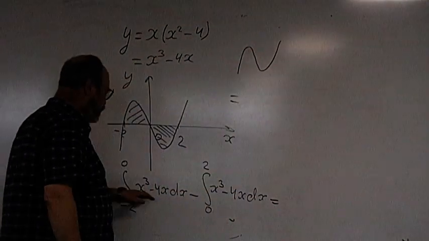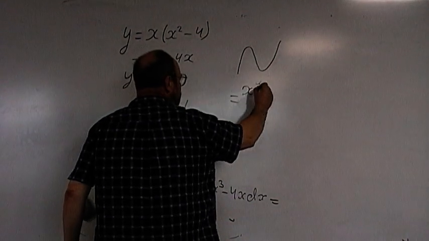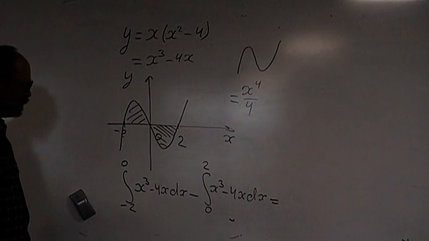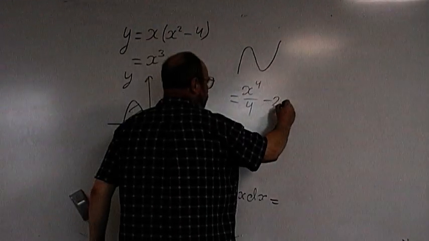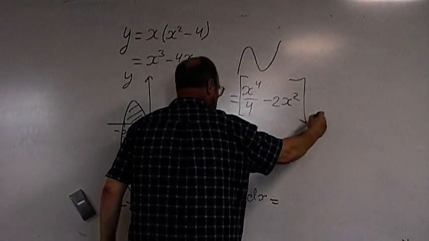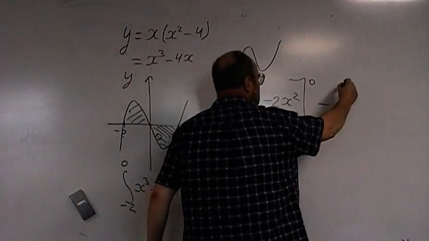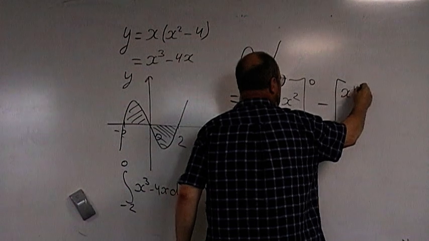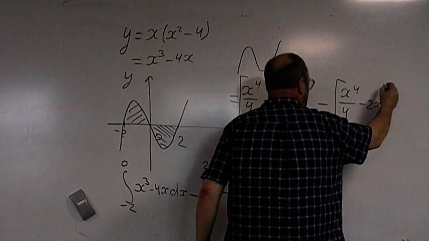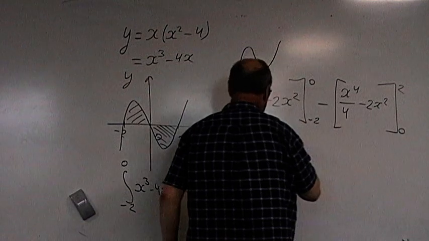Then we just calculate. The antiderivative will be x to the power of 4 over 4 minus 4x squared on 2, so minus 2x squared, from negative 2 to 0, minus the same expression, x to the power of 4 over 4 minus 2x squared, from 0 to 2.